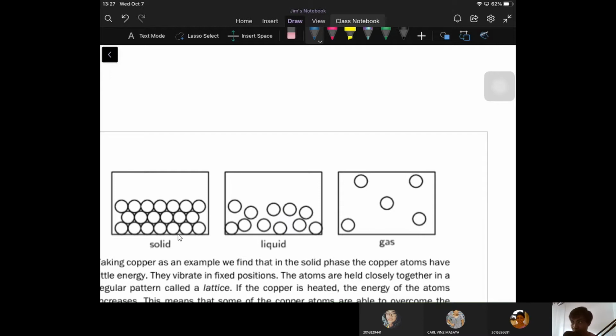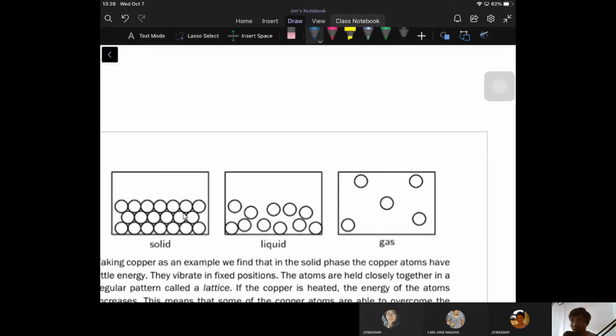So from rigid structure magiging liquid siya. From solid magiging liquid. So yun yung idea ng melting point. So the higher the melting point is, that means the stronger their attraction to one another. Mas malakas yung kapit nila sa isa't isa. So kapag mataas yung melting point, mahirap paghiwalayan kasi maraming energy yung kailangan para maging liquid, 'di ba?